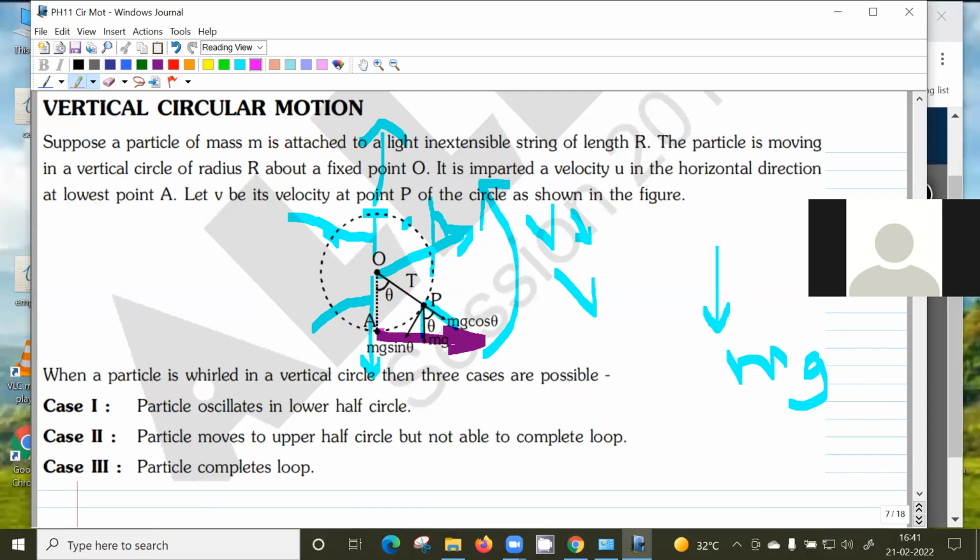One thing is it will go up to this point and then it will come back and keep on going like this, like a pendulum. Another option is it can go up to here, and then it will drop down. When it's going to drop down, the tension will become zero.